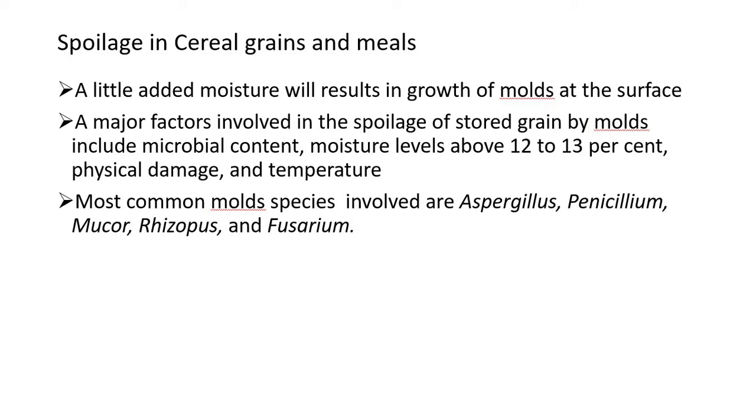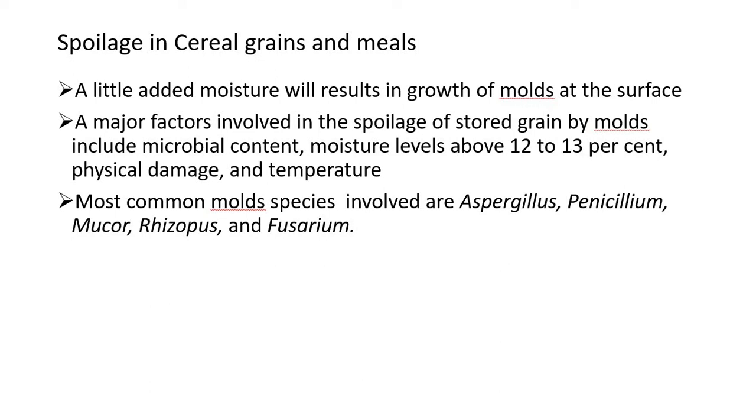These grains contain some sugar and available nitrogen compounds, minerals, and accessory growth substances, and the amylases will release more sugar and proteases will yield more available nitrogenous foods if the grains are moistened. A little added moisture will result in the growth of molds at the surface of the foods.